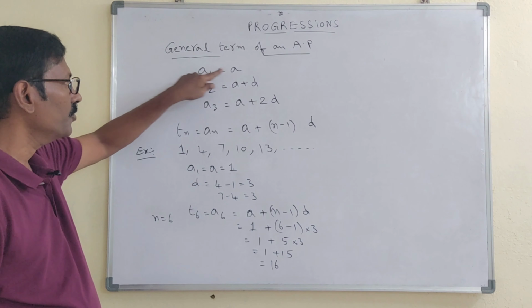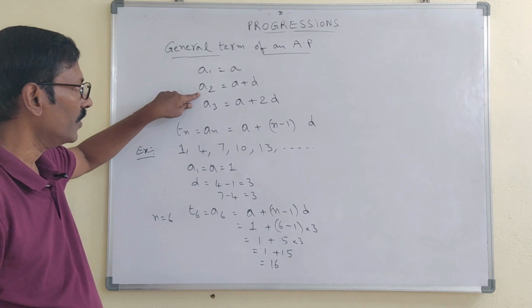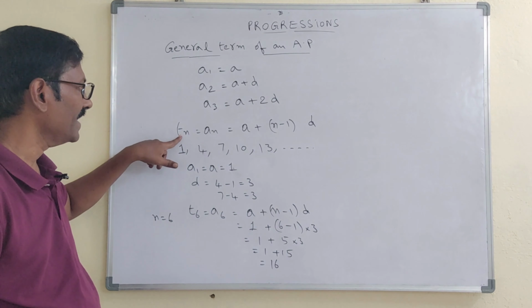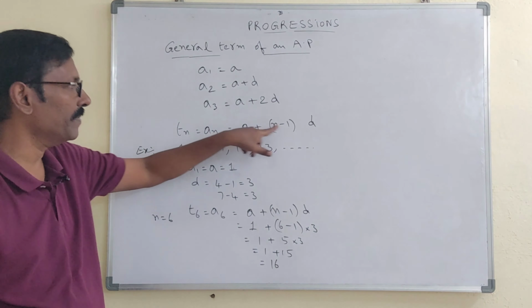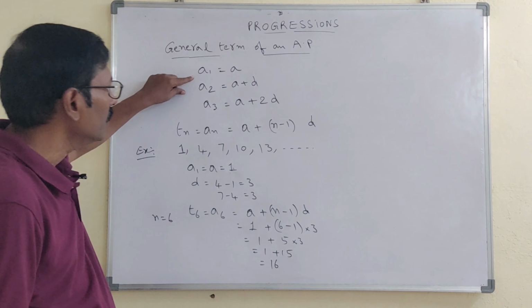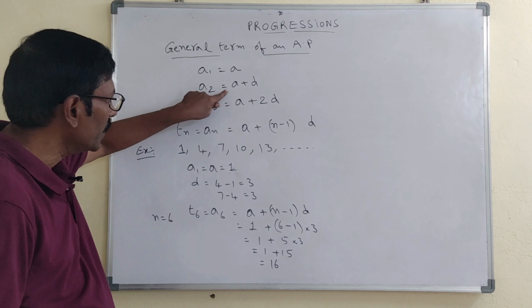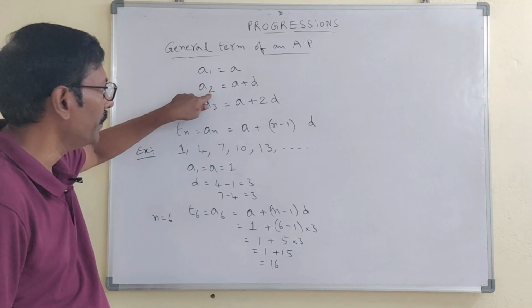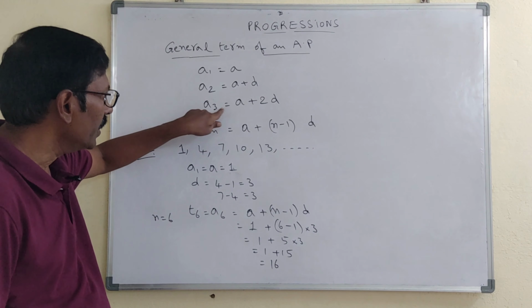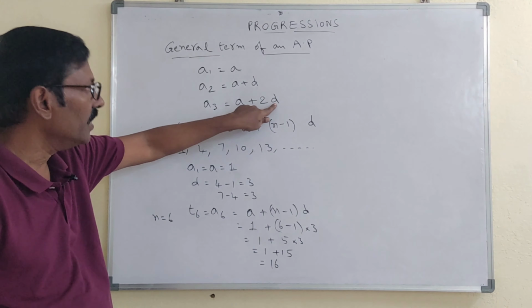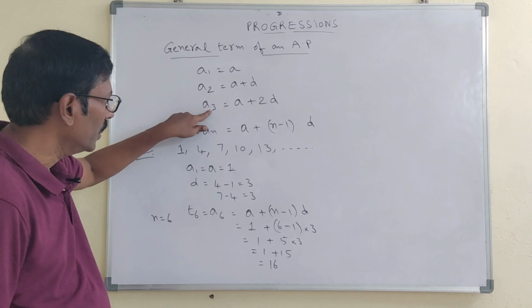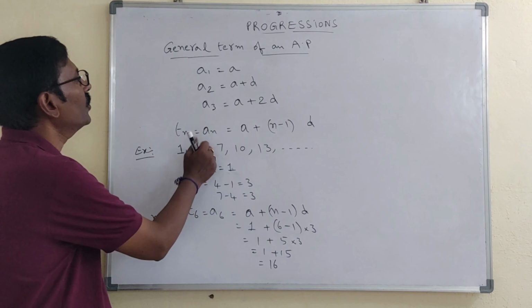The first term we assume as A, the second term we have already written, A2 is A plus D, A3 is A plus 2D, like that. The nth term can be expressed as Tn or An is equal to A plus n minus 1 into D. If you observe here, in A2 the coefficient of D is 1 only, which is less than this number; like that, in A3 the coefficient of common difference D is 2, which is 1 less than the third term; like that for the nth term.